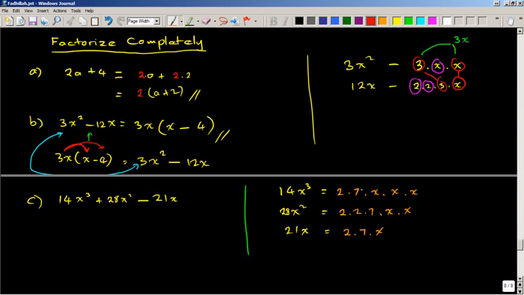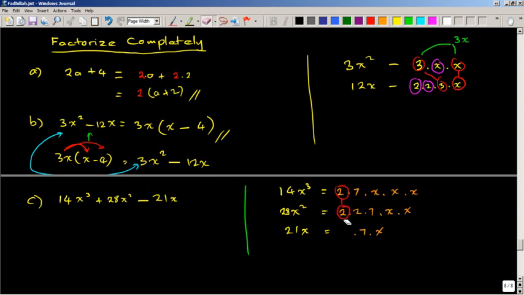So what are the common factors? Compare. Can you name the first common factor? 2. Good. What's the next one? Isn't the 21 a 3? Oh, 3. Correct. Good catch.